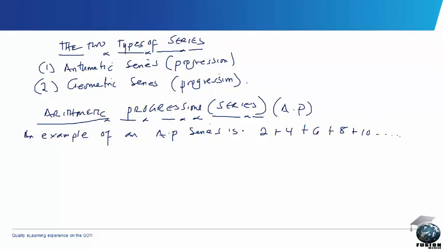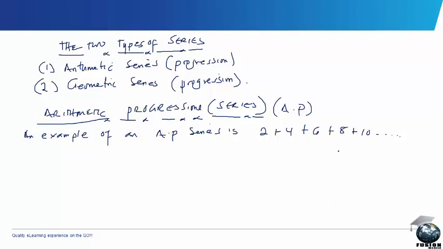Here you note that each term can be written from the previous term by simply adding a constant number to the previous term to get the next term.